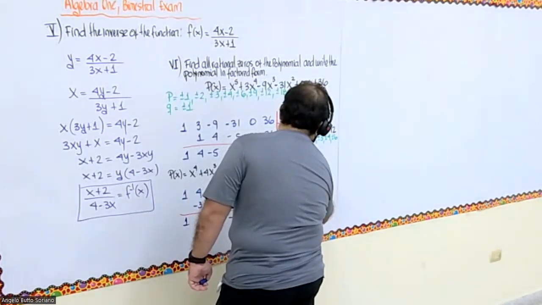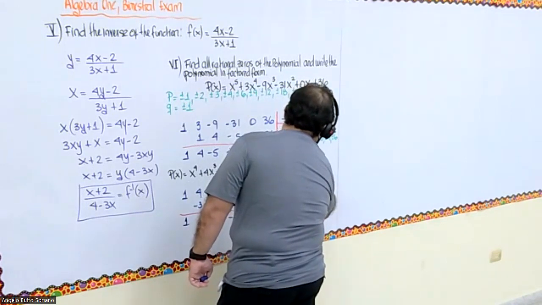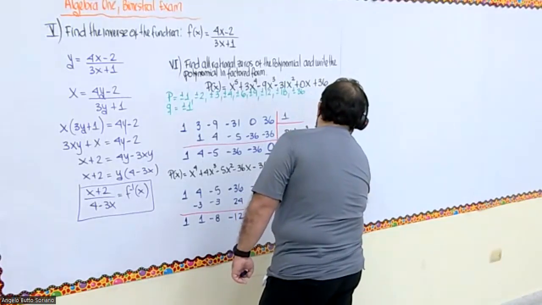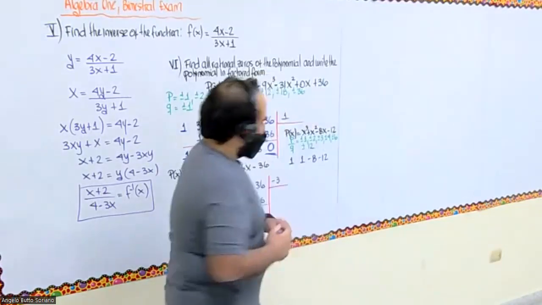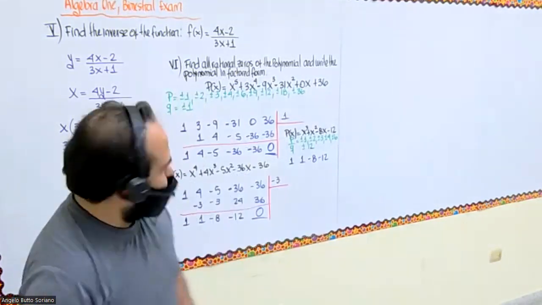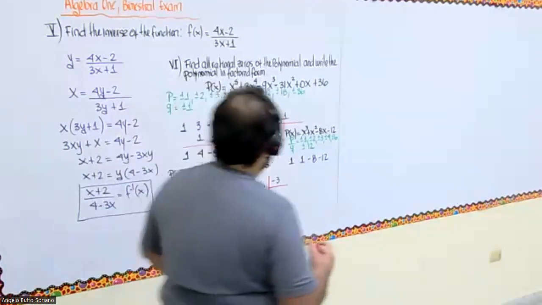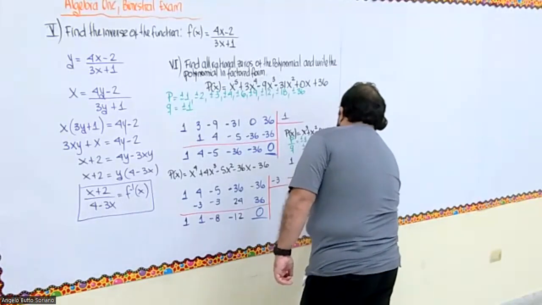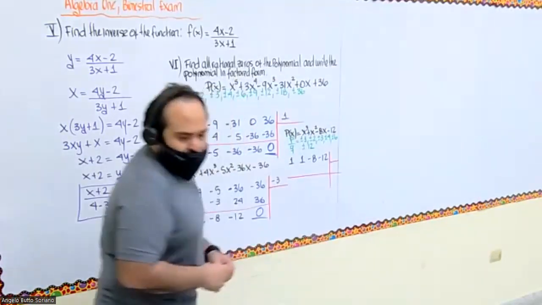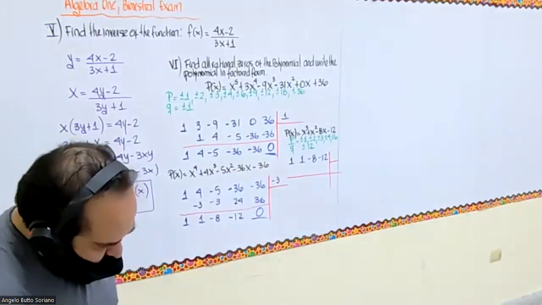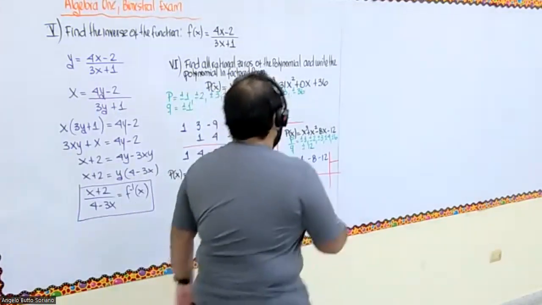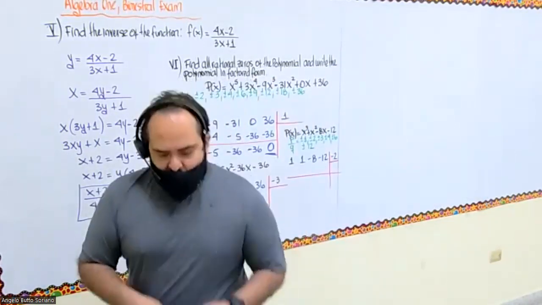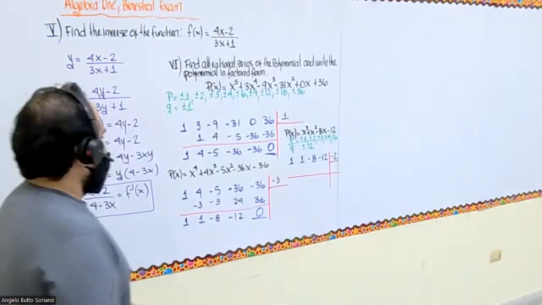We got 1, 1, -8, -12. Divided by, and just as I said, the chosen one this time will be -2.